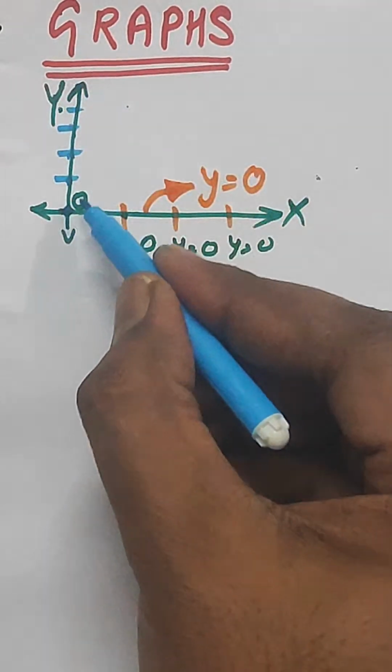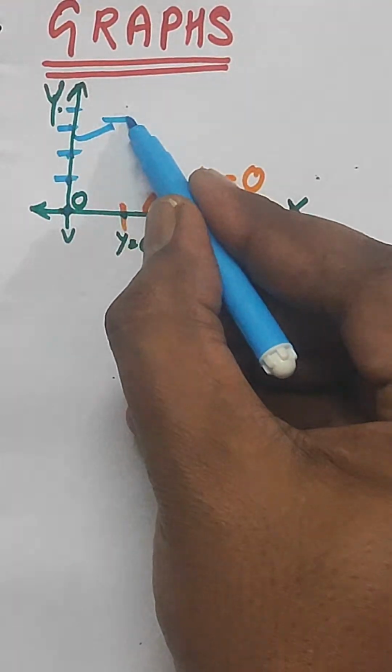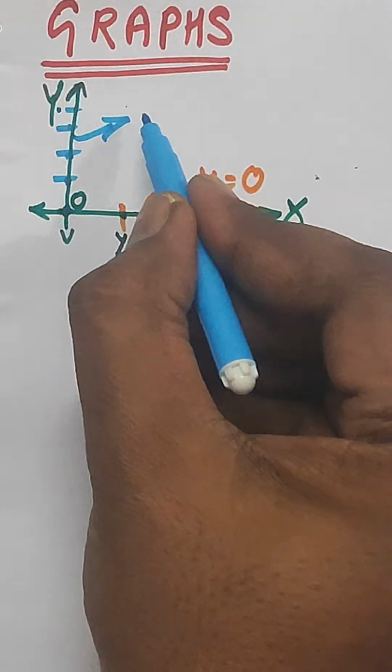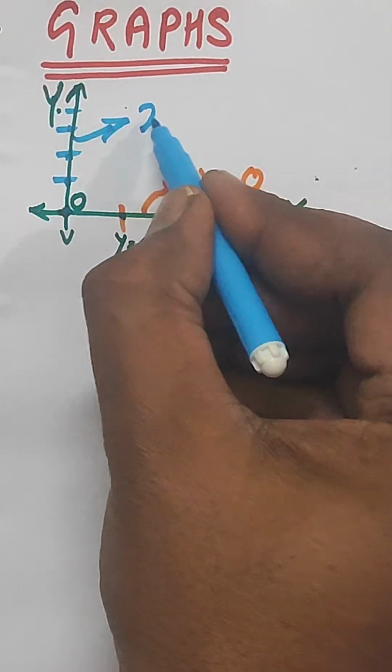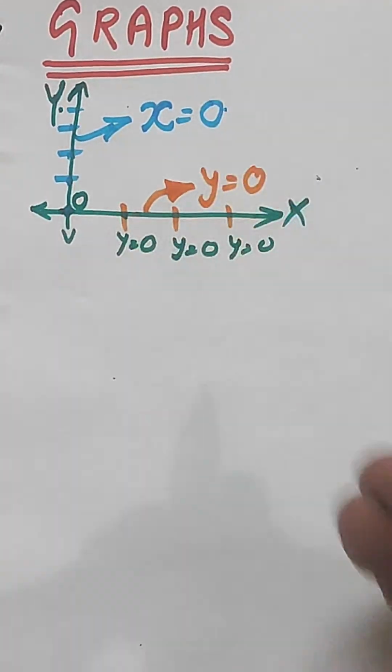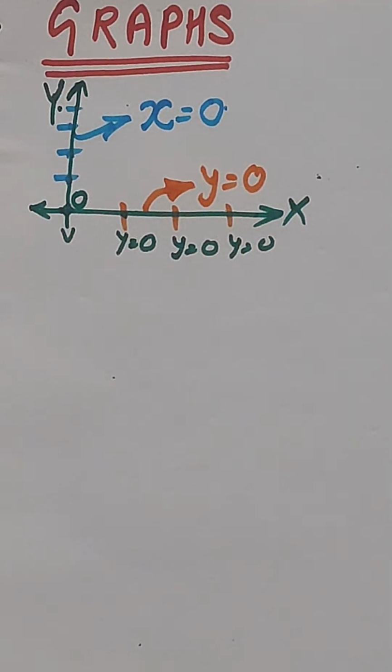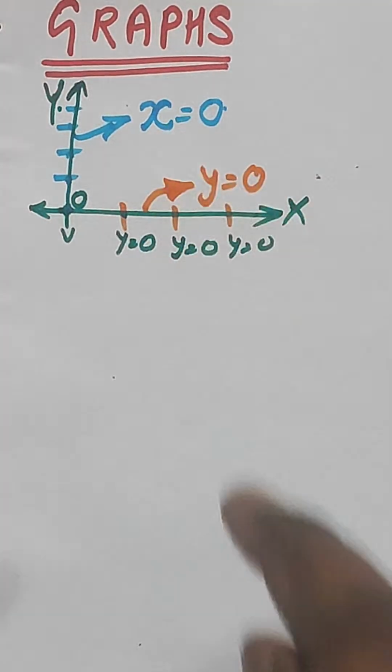So the equation of the y-axis is x equal to 0. So this is the representation for y equal to 0 and x equal to 0.